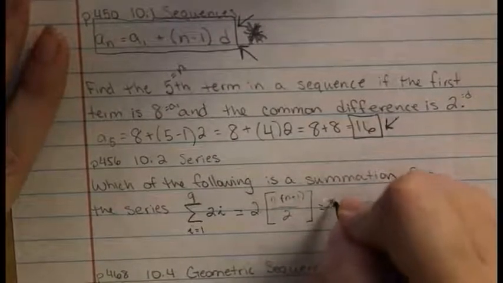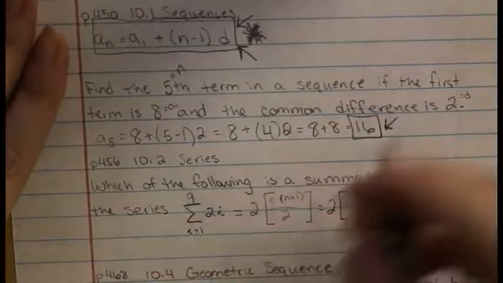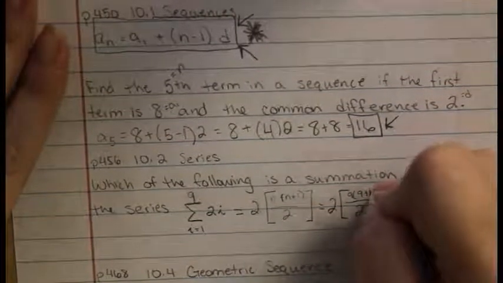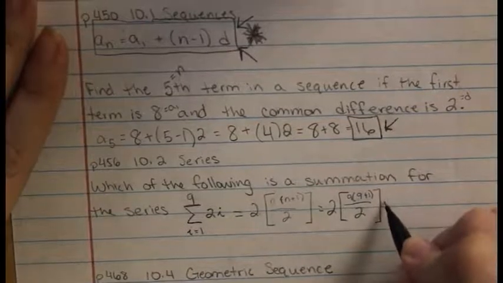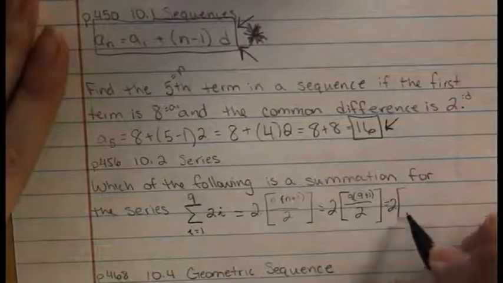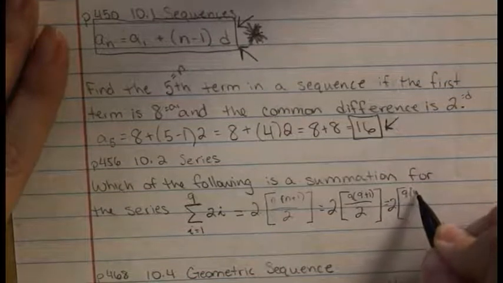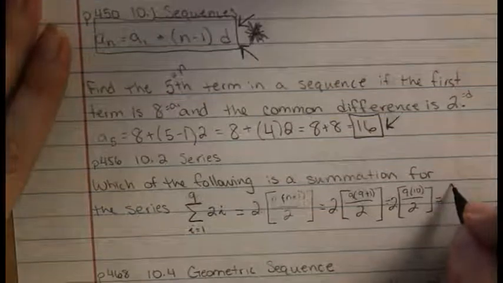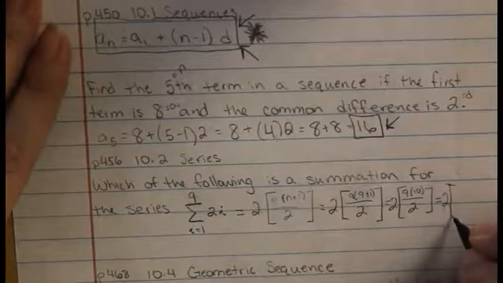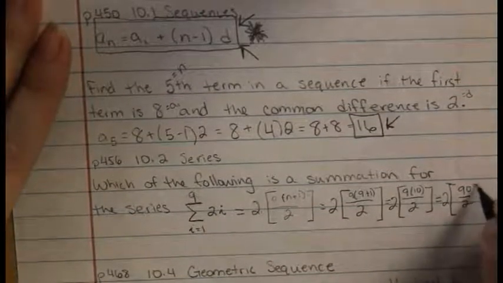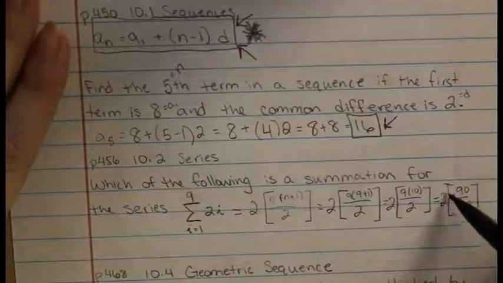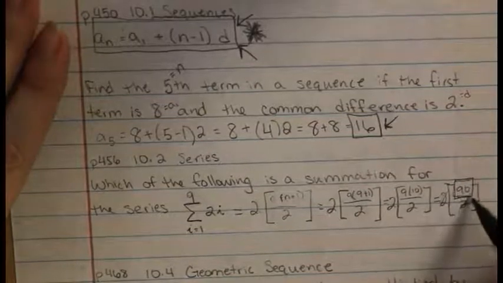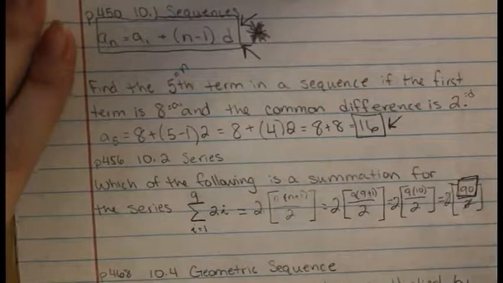So it's going to be 2 times our n is 9 times 9 plus 1 divided by 2, which is 9 times 10 divided by 2, which is 2 times 90 divided by 2, which I can actually cross off because I got a 2 and a 2 that'll cancel out. And it gives me the summation being 90 as my final answer.